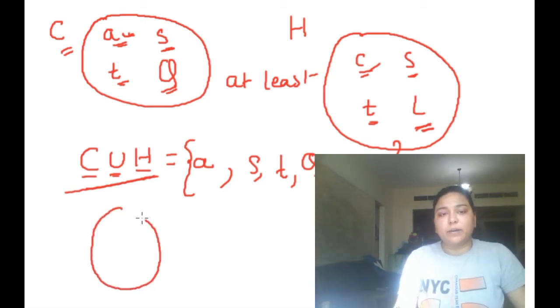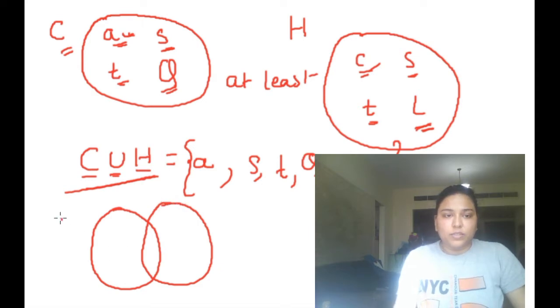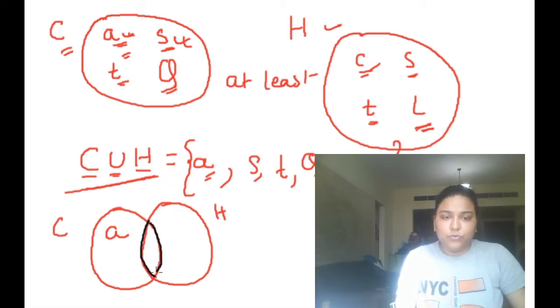Now the Venn diagram. This is C, this is H. A likes only classical. S likes classical and hip hop both, so this is the part of both activities.